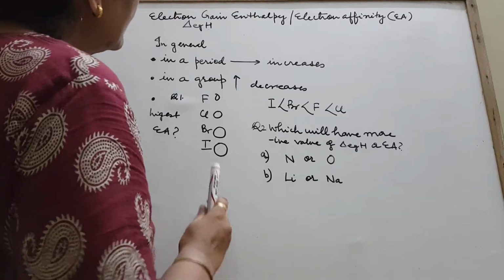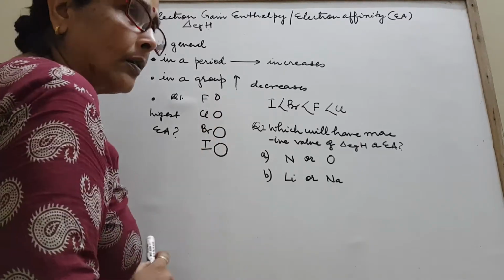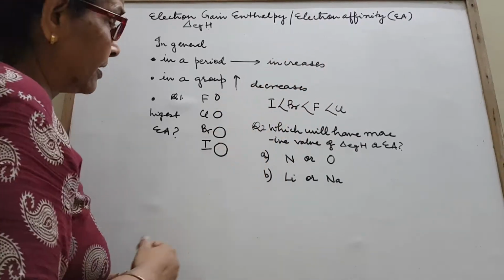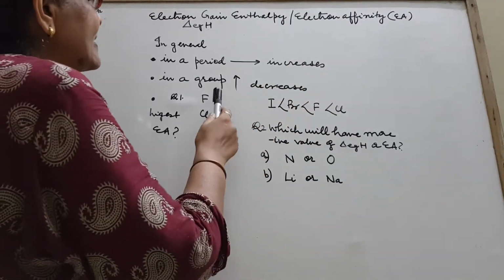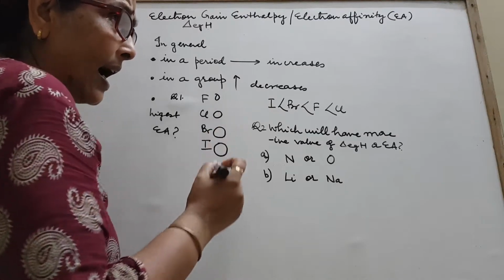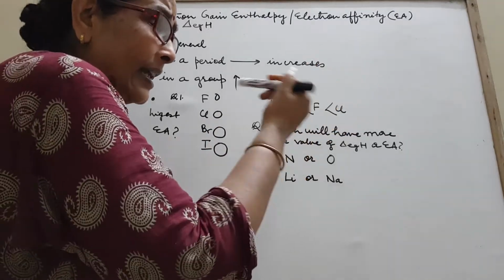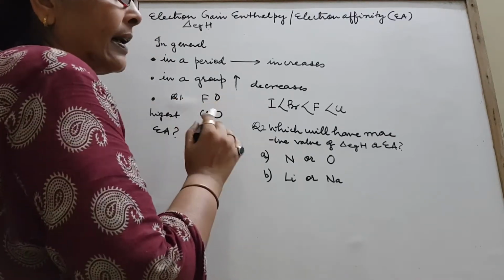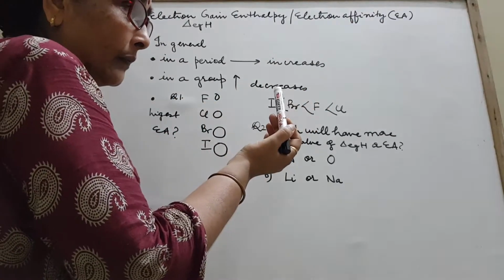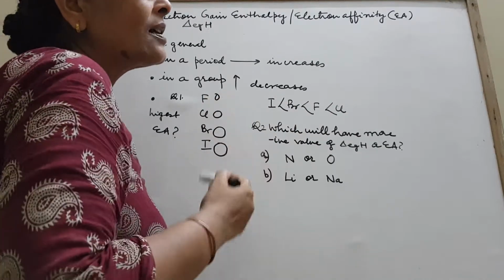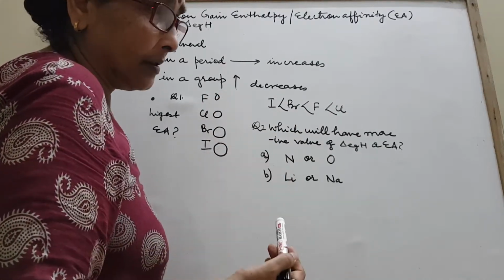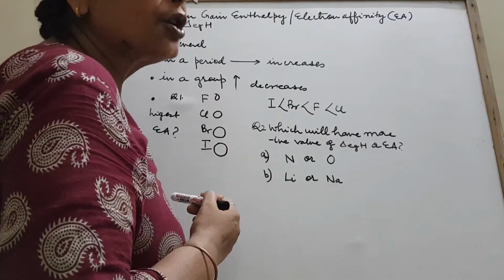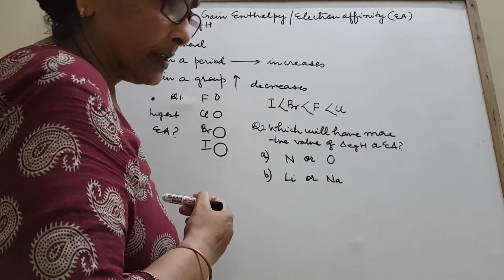What happens here, children? F has a very small size. Electron is easily attracted here. So what happens? Electron gets easily attracted, as well as it is expected that it will be easily added also. But due to extraordinarily small size, with the entry of the electron here, there start inter-electronic repulsions. With the result, a lot of energy is consumed to overcome those repulsions.